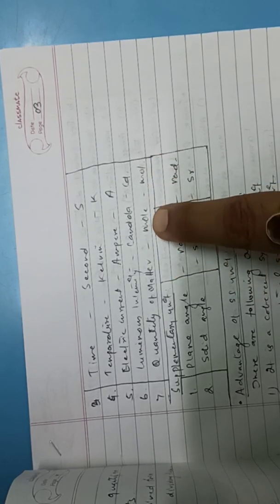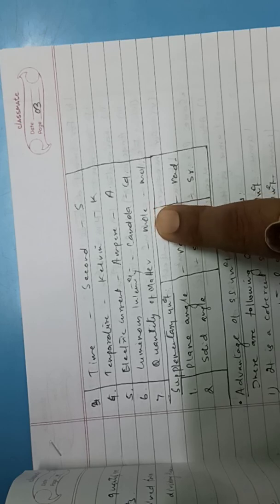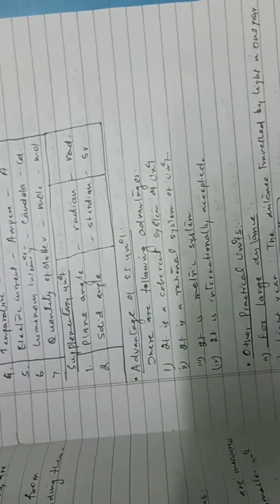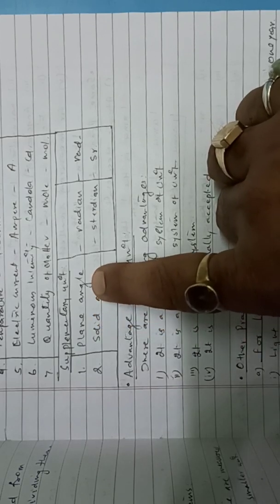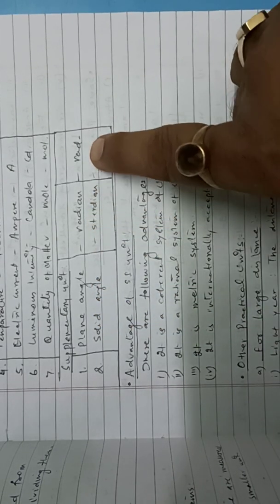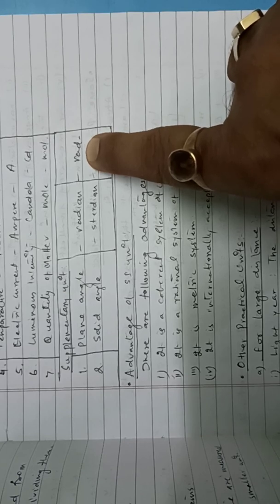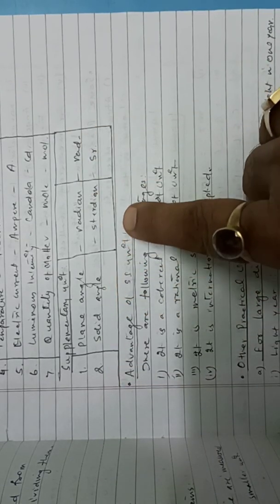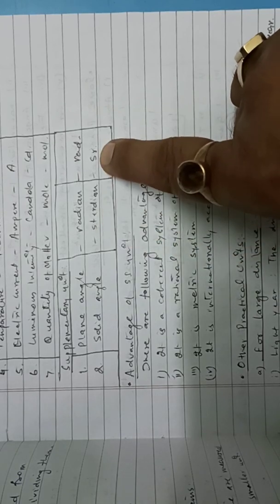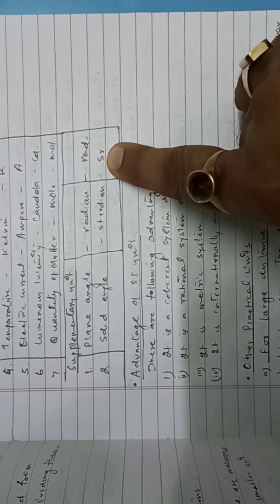Two supplementary units are the plane angle, radian, written as rad, and second one, solid angle, steradian, sr. You have to learn.